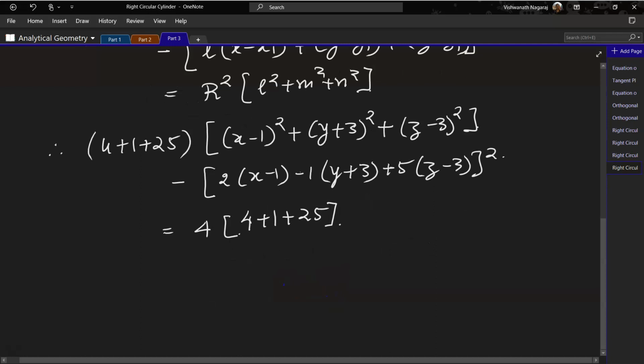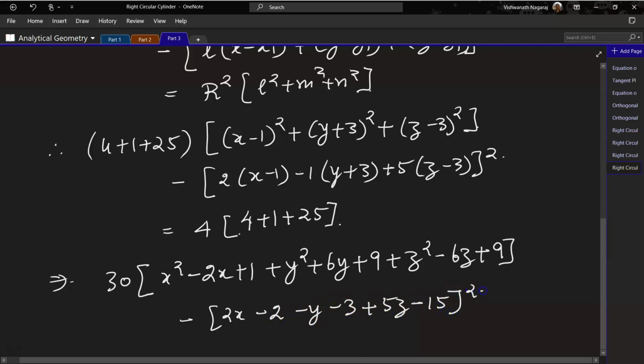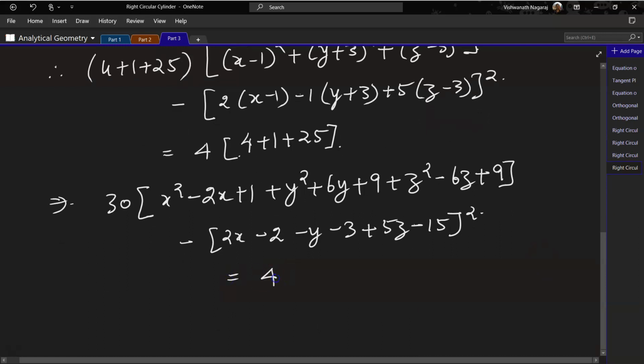Now let's do the simplification. So 30 times (x square minus 2x plus 1 plus y square plus 6y plus 9 plus z square minus 6z plus 9) minus (2x minus 2 minus y minus 3 plus 5z minus 15) square is equal to 4 times 30.